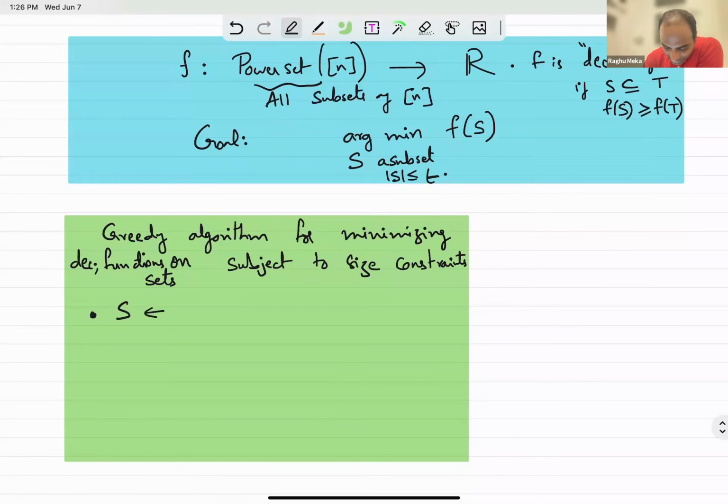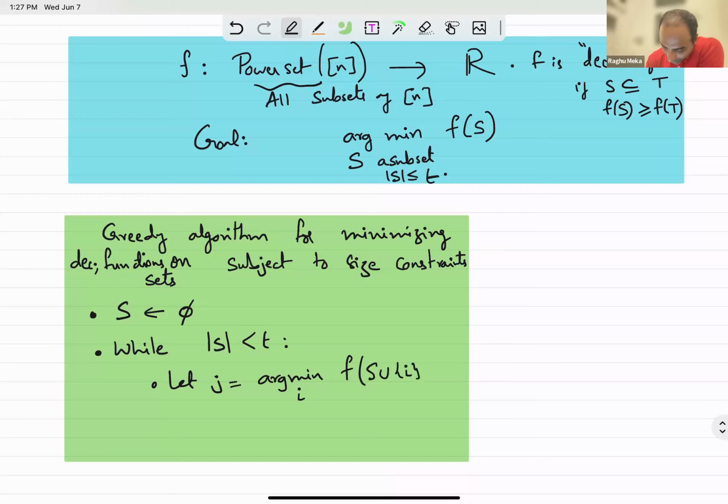I'll start with the empty set and follow the greedy strategy. Okay, this is an age-old algorithm for optimizing functions on sets.